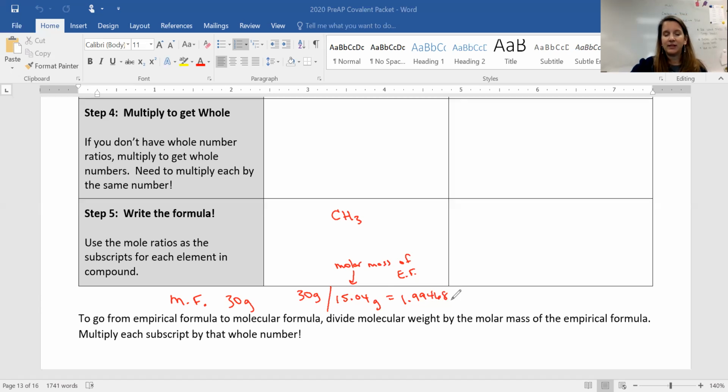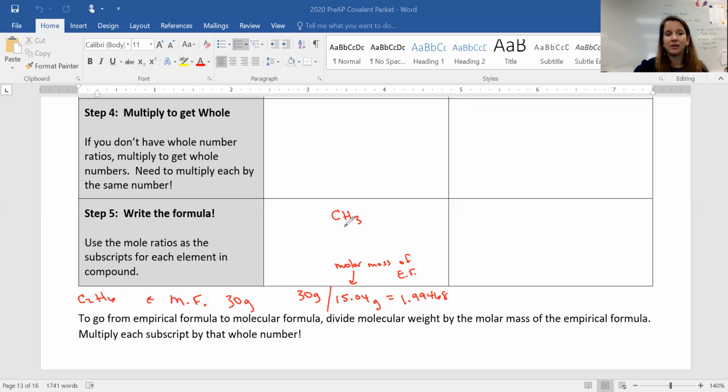So that's basically 2. That means our molecular formula is 2 times our empirical formula. And so our molecular formula would actually be written as C2H6, indicating that it's 2 times as large as our empirical formula, okay?